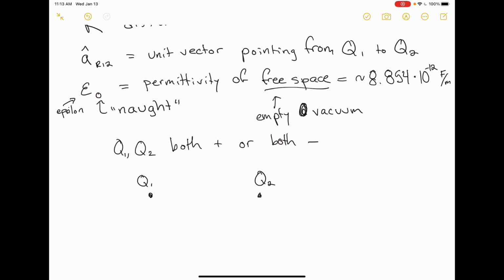The unit vector from Q1 to Q2 points in that direction, so that's a hat r12, like in the equation. And the force that Q2 experiences is going to be Q1, Q2, a hat r12 over some constants, 4 pi epsilon naught times the square of the distance. So F21 might look like that.